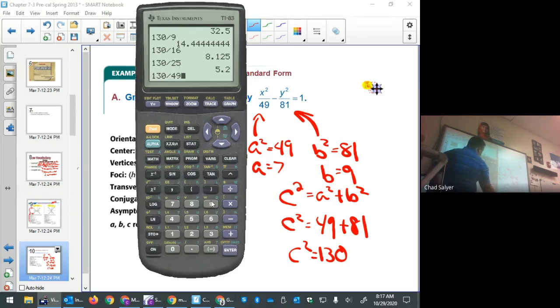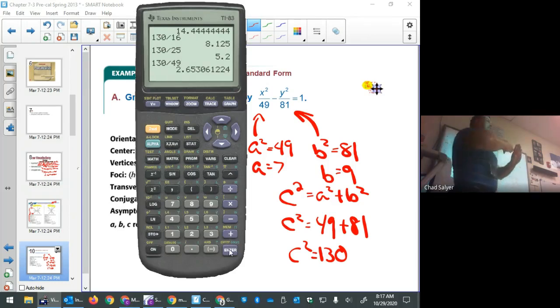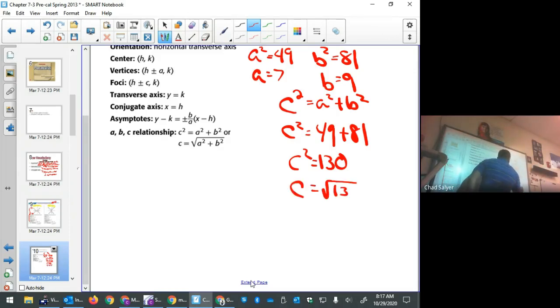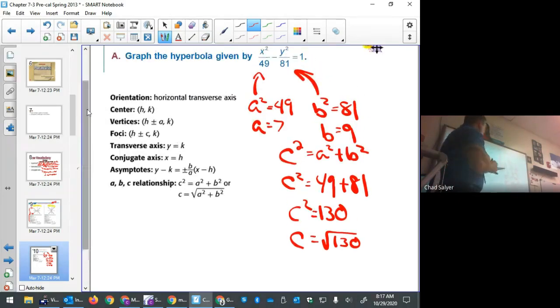Now, once I get to 49, I need not go any further because if it's more than half of the value in question, couldn't possibly divide it. So we can stop our analysis here. There is no perfect square factor in 130, and so we just write it as radical 130. So we've got our C, our A, and our B, and we're ready to start filling in this stuff.